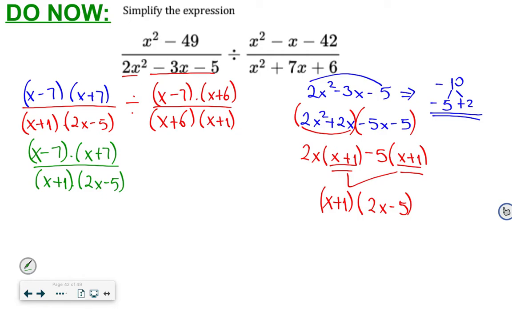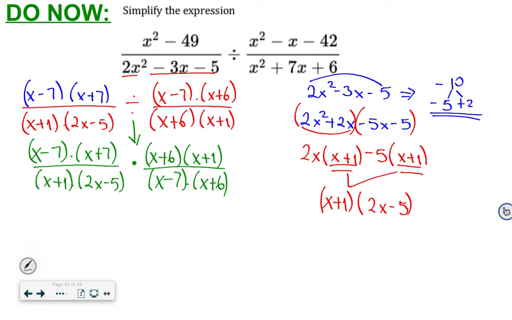Now, if we apply keep change flip, division is going to become multiplication, and then flip the second fraction. If we flip it over, you will get x plus 6 times x plus 1 over x minus 7 times x plus 6.